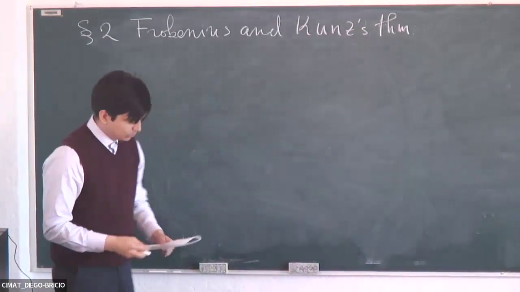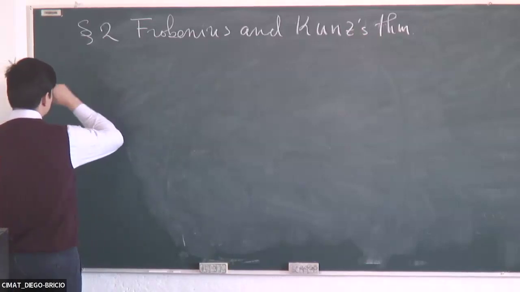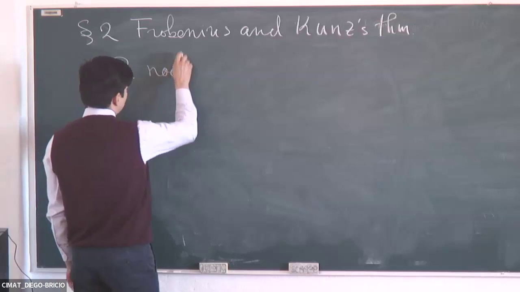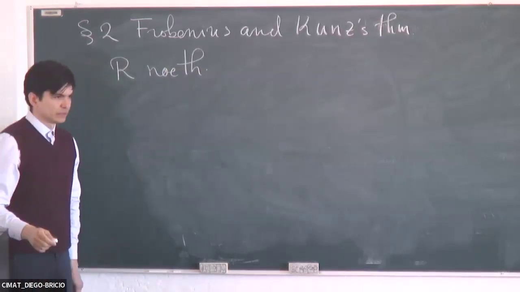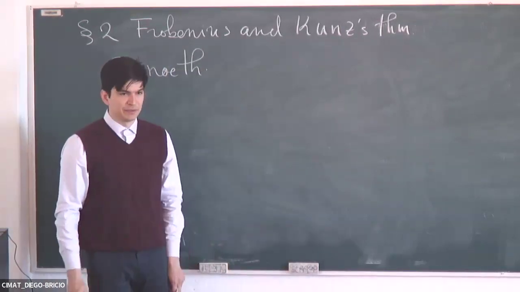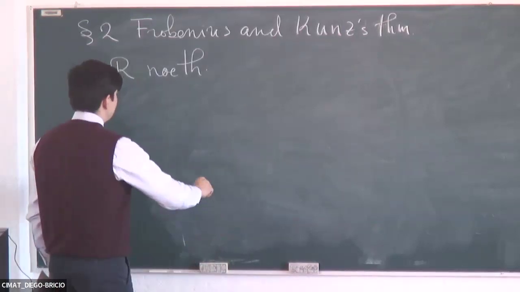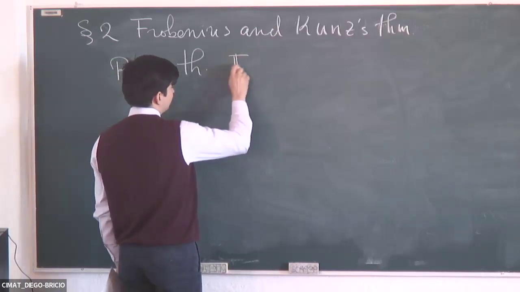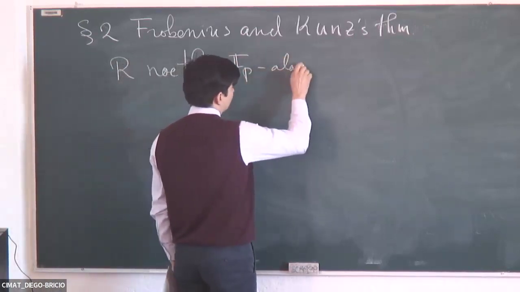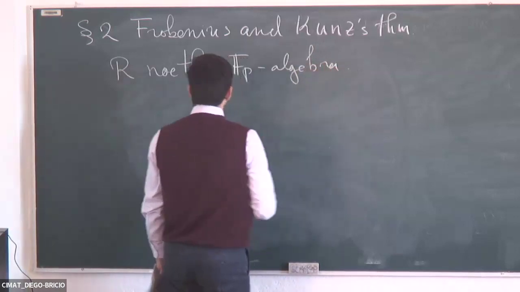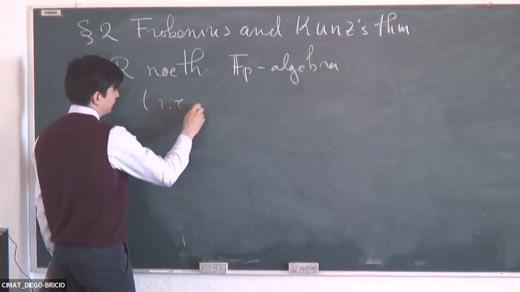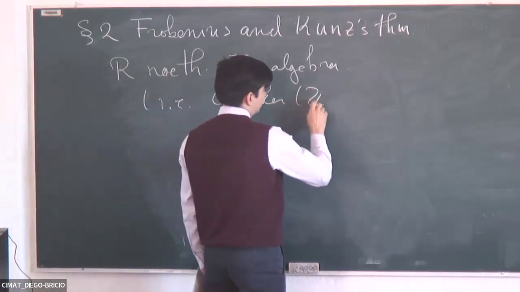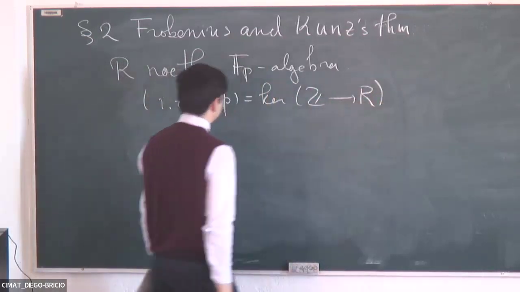Okay, so what is the story here? So for this, we're going to take any Noetherian ring. So from now on, every ring is Noetherian unless otherwise stated. And the whole point is that we are going to assume that it's an F_p algebra. This is to say, remember, p is a prime number and is the kernel of the canonical ring map from Z to R. Right?